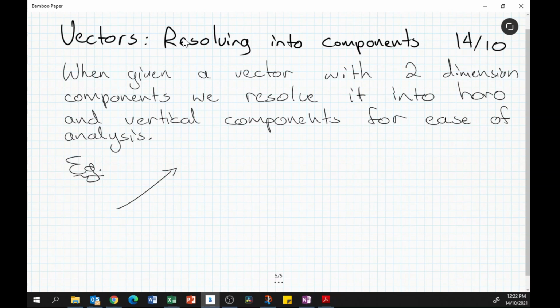So, for example, let's call this force in newtons, some force, okay? It's at 32 degrees to the horizontal, and it has a magnitude of 22 newtons.